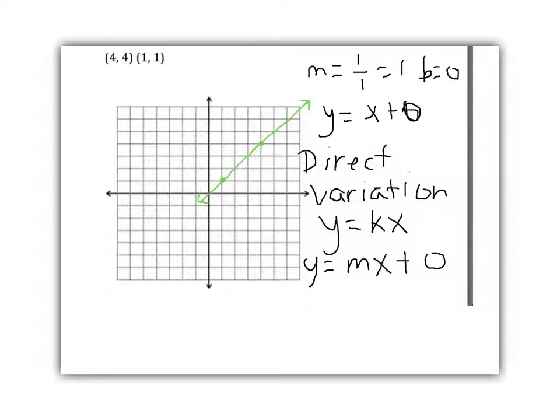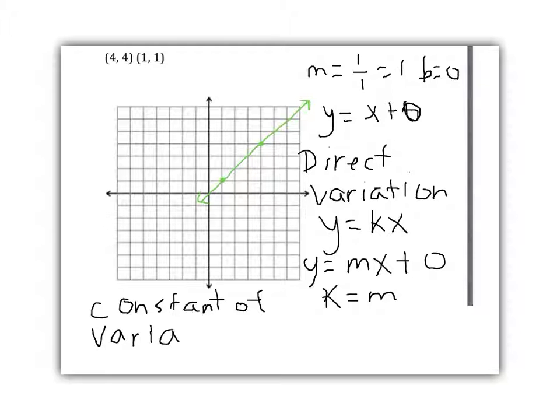And the k is going to be equivalent to the slope. The k is the constant of variation that we'll find in different representations, but when you find the constant of variation with direct variation, it's going to represent the slope of the line also. So that constant of variation we're going to call k.